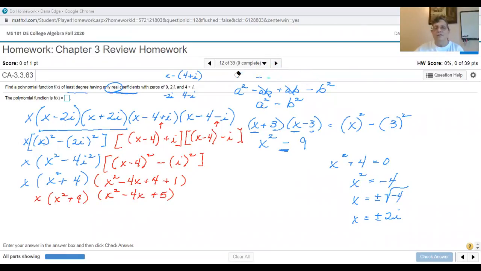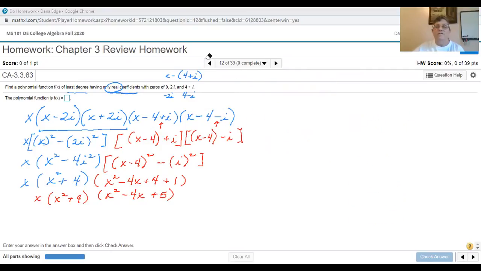Now let me erase all this over here so I've got more room to finish multiplying this out. I've still got 3 things to multiply out here. I've got this times this times this. So I've got my x sitting out here in the front.